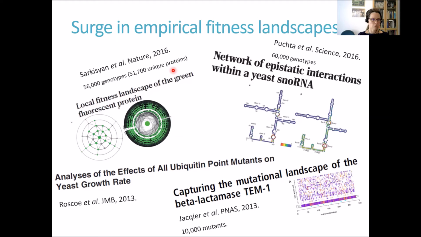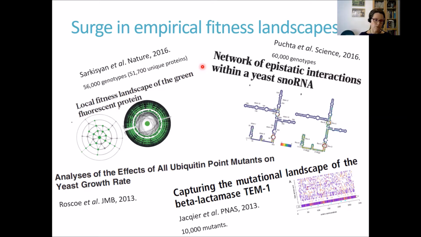These are only a few examples, and there are more of them. This one is the green fluorescent protein from Kondrashov's lab, and this is the snoRNA here in yeast, and so on. And we're talking here about 50 to 60,000 different genotypes that were measured.